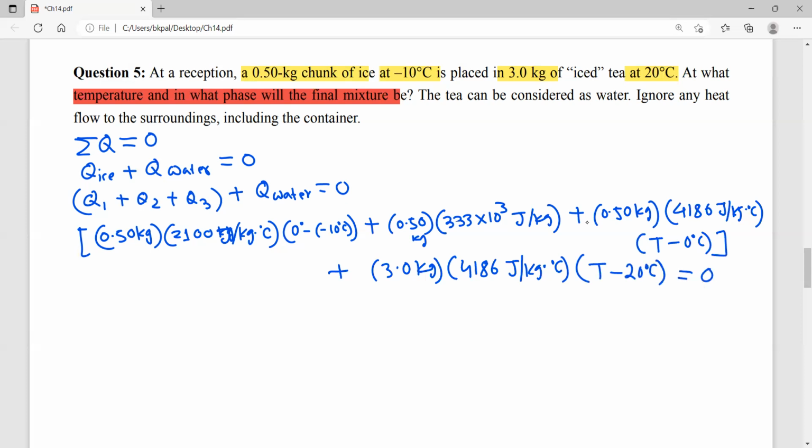So we have many terms here. Let me write them down. The first term will be something like 0.5 times 2100 times 0 minus minus 10, and minus minus is plus, so it is 10. This is simple. The second term is also simple.